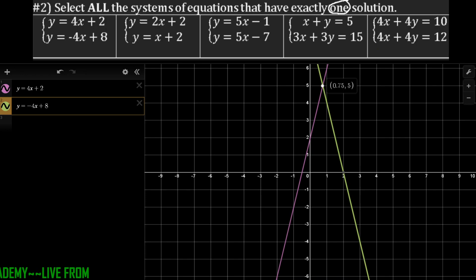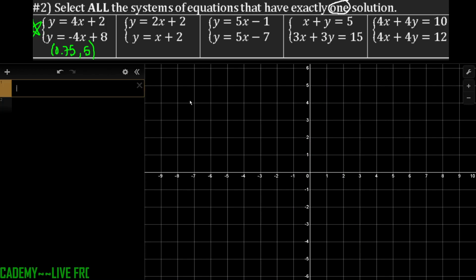So I'm going to say my point of intersection, or one solution. I'm going to say, hey, this first one is good if you want to put a star by it or circle it, whatever works best for you, but make sure you label that solution point. So I'm going to say 0.75, comma, and 5. Because when we have our point of intersection, again, an ordered pair is those 2 points, x and y.